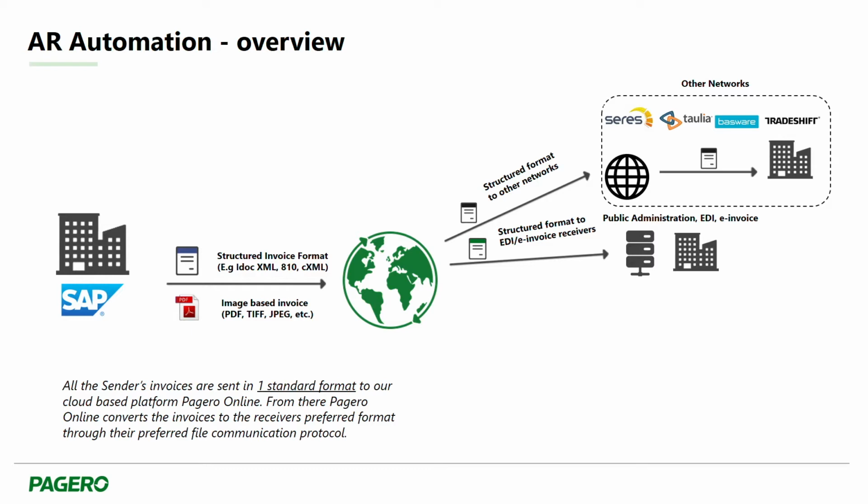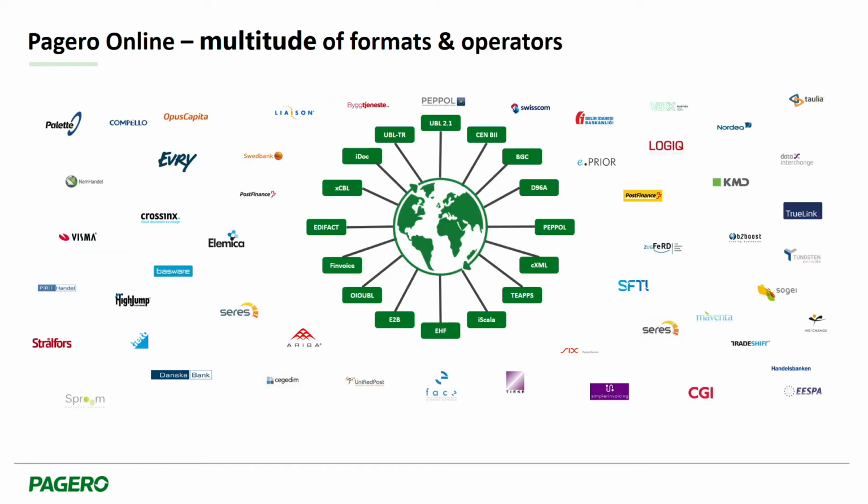And I also want to emphasize that we believe in having an open network, which means that you will also be able to reach other e-invoice networks via interoperability. And this is something that we invest quite a lot in. It's important for us to help our clients in achieving a standardized e-invoicing process so that you guys can have one partner to reach all your clients, regardless of what format they use, regardless of what network they are connected to.